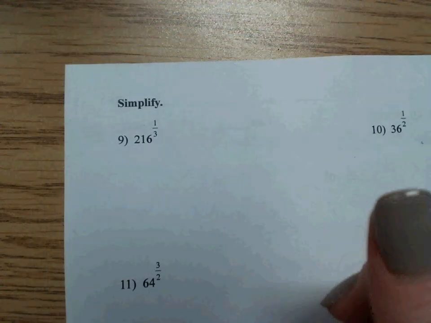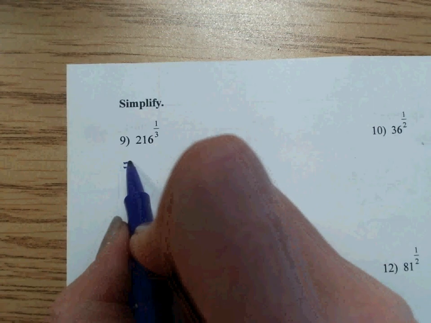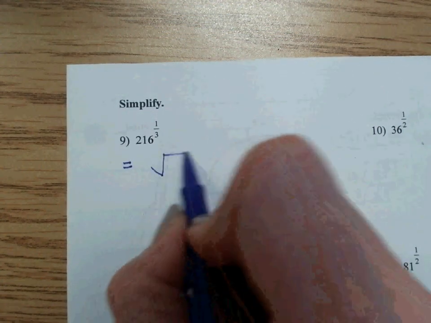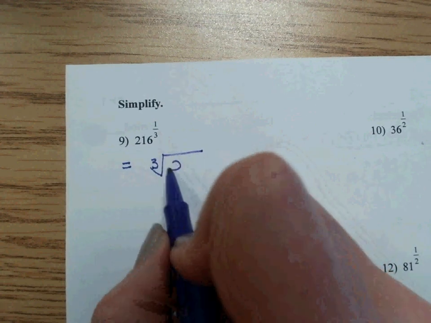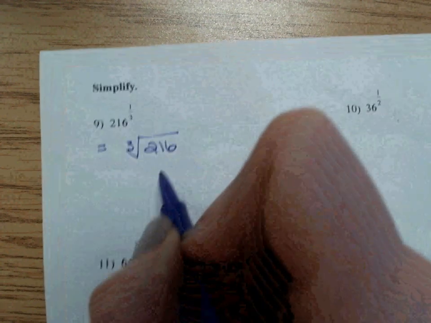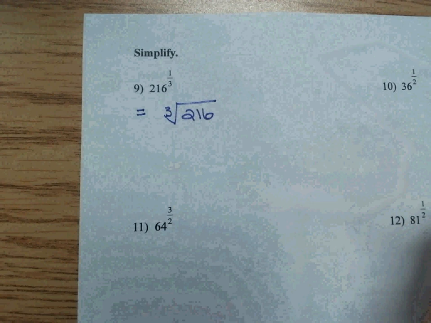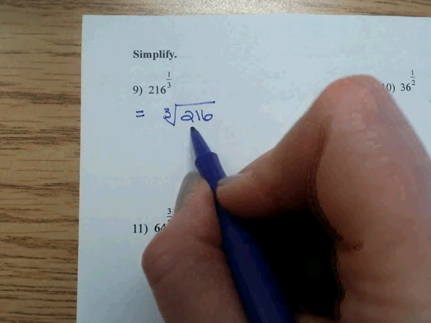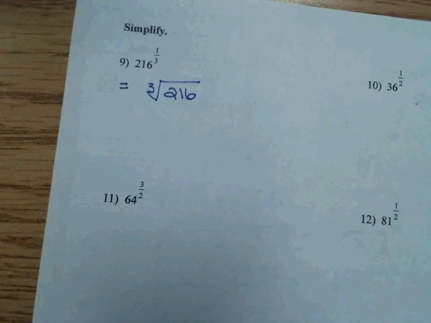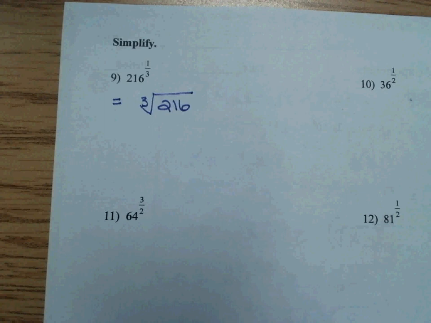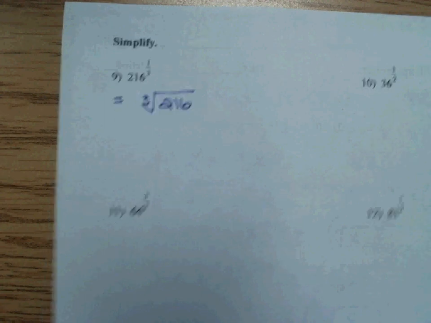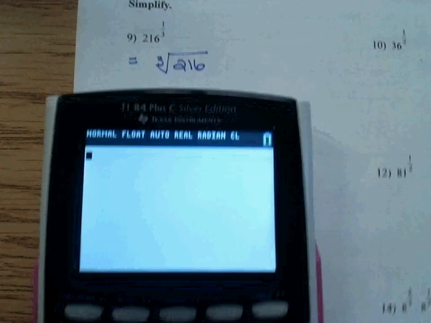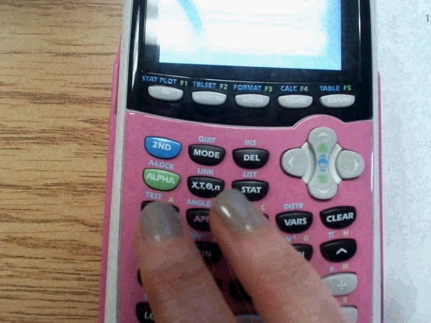Now on the back, you do need to simplify. So we're looking to simplify the cube root of 216. This is just like what we did today in class, 6.3. You could take your calculator and see if 216 is a perfect cube.